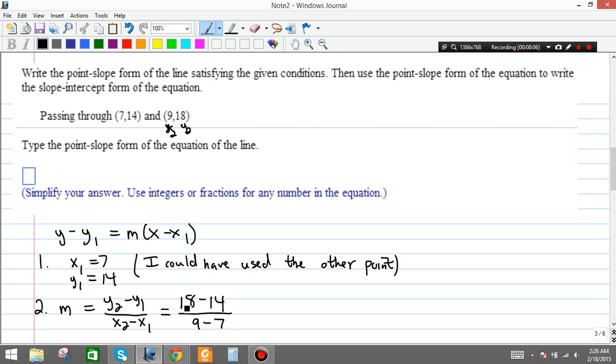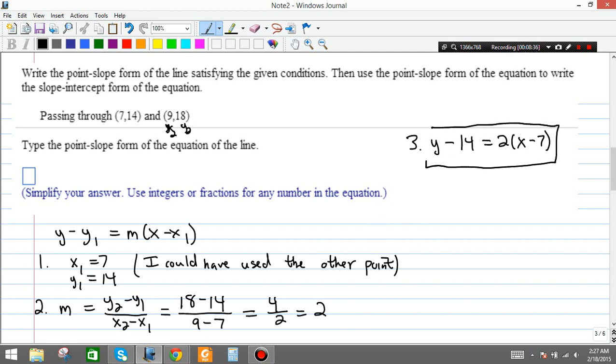So again, it's the difference in the y coordinates divided by the difference in the x coordinates. This takes us to 4 over 2, which is 2. And now step 3 is to write the equation. Goes y minus y1 is 14 equals m, m is 2, times x minus x1 is 7. And again, that is all you put for the first part.